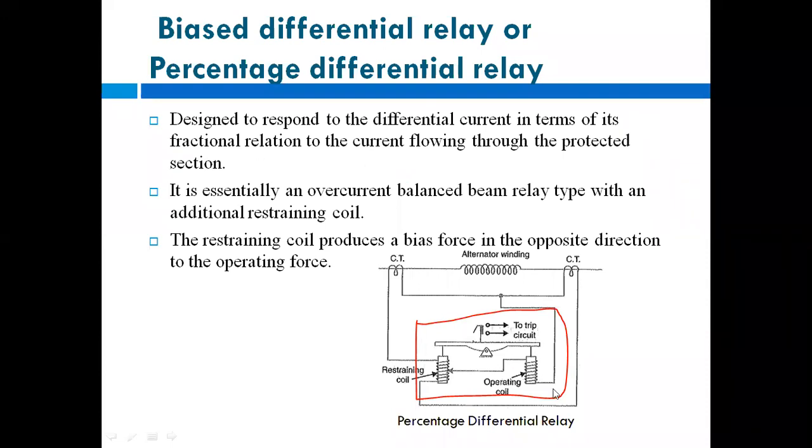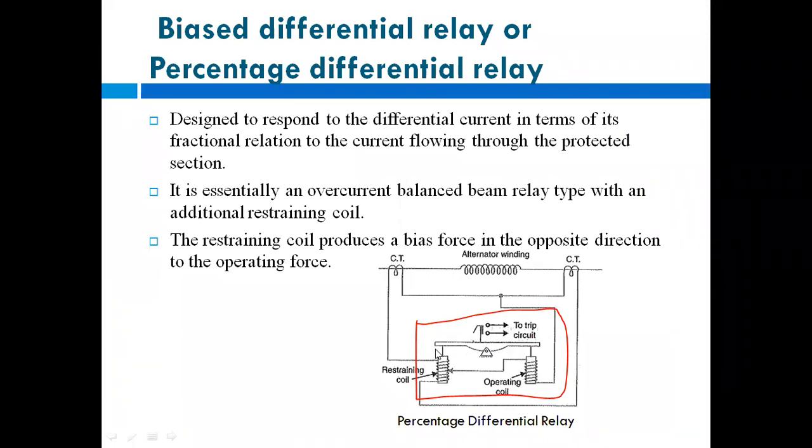Okay, this is just like a balanced beam type relay. We have seen this beam. There is a restraining coil and an operating coil. Under normal working conditions, these two contacts are open.